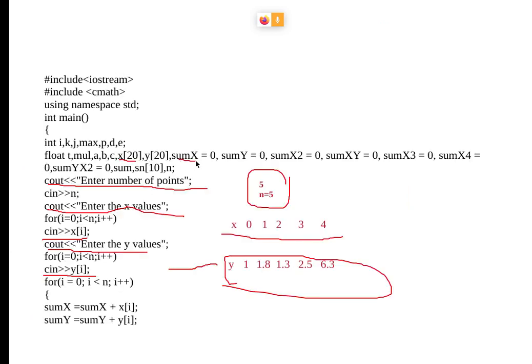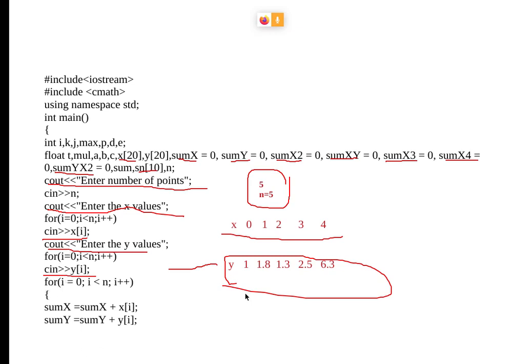See, sum x stores the sum of x, sum y stores the sum of y, sum x2 stores the sum of x square, sum xy stores the sum of x into y, sum x3 holds the sum of x cubes, sum x4 holds the sum of x raised to 4 and sum xy2 is the sum of x square into y. And this array I have used to store the solution.